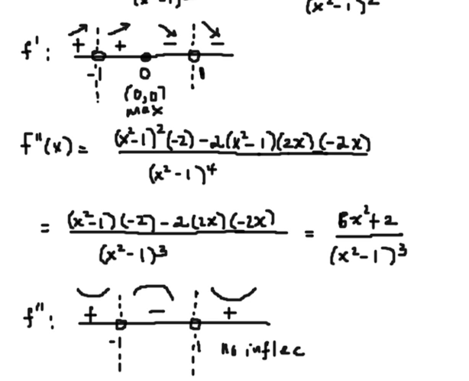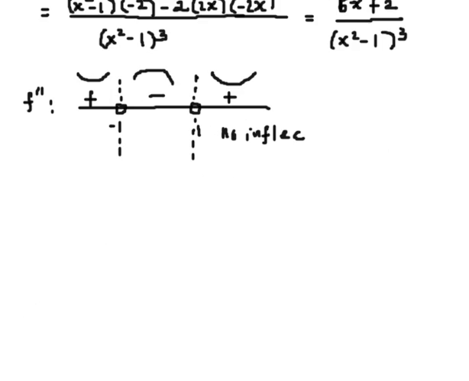Okay, so let's put in some of the information that we have into a graph. And here's what we have. We have our intercept 0, 0, which is also a maximum.